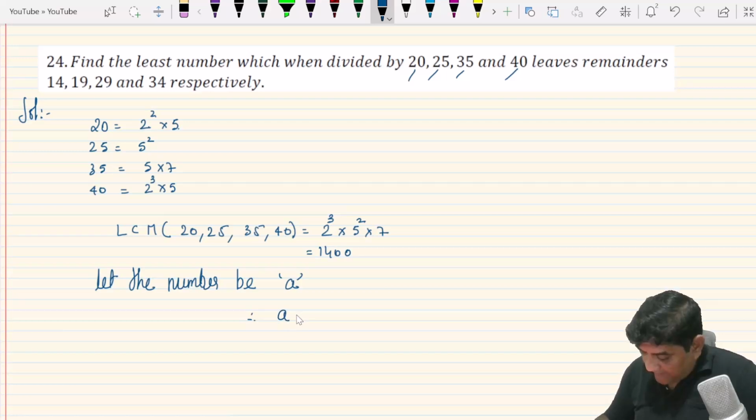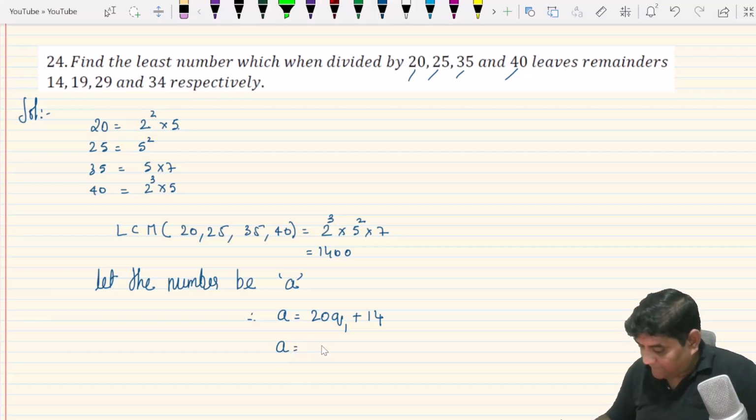Therefore, A when divided by 20, with the quotient of Q1, gives me a remainder of 14. A when divided by 25, with the quotient, let's say Q2, gives me a remainder of 19.